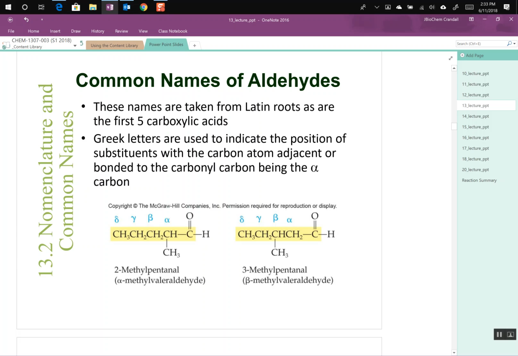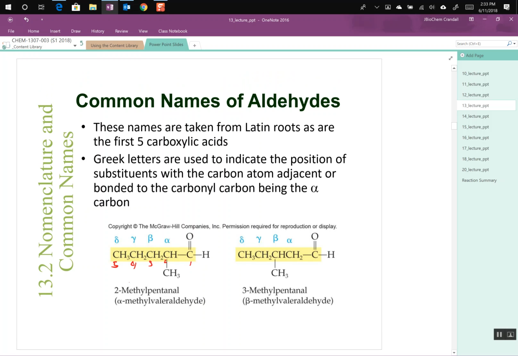Now, this is a way that you will need to identify the numbering system on these aldehydes, and that is through alpha, beta, gamma, delta. So the way this works is, if I have a 5-carbon chain here, 1, 2, 3, 4, 5, you would probably want to say that if you're saying alpha, beta, gamma, you're going to start with alpha on carbon 1.